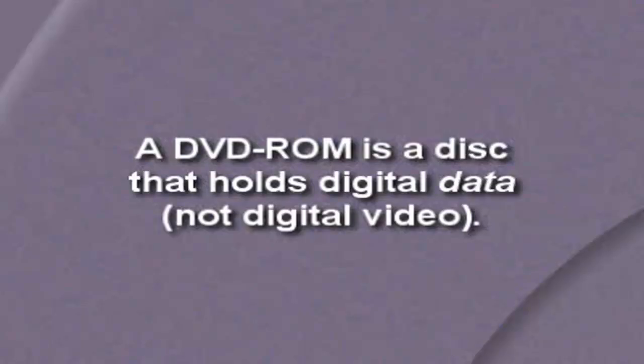In addition to DVD video, we also have what's called a DVD-ROM. A DVD-ROM is a PC version of a DVD disc. Basically, it's much like a really big CD-ROM. Now, a CD-ROM holds 650 to 700 megabytes of data, which for its time was a lot. However, a DVD-ROM holds 4.7 gigabytes of storage, and that is a lot of space.